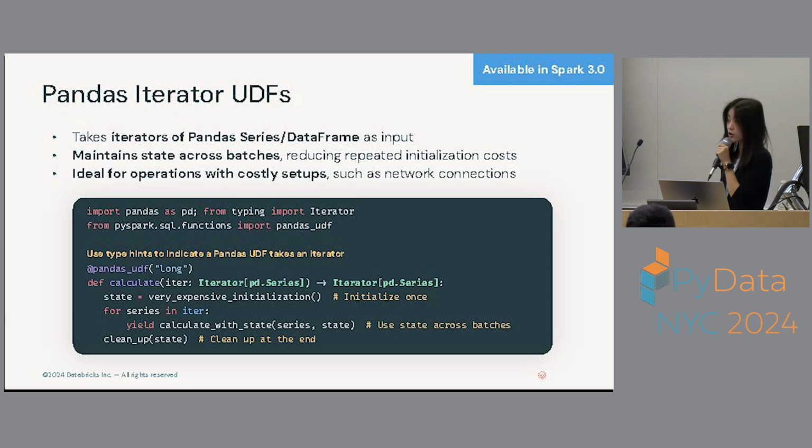Instead of recreating this connection every single time you process a batch, the pandas iterator UDF allows it to be created only once, reuse this connection over multiple executions, and then clean up the connection at the very end. So it will help you manage the connections and resources properly. Using pandas iterator UDFs can further speed up the UDF computation depending on your need.